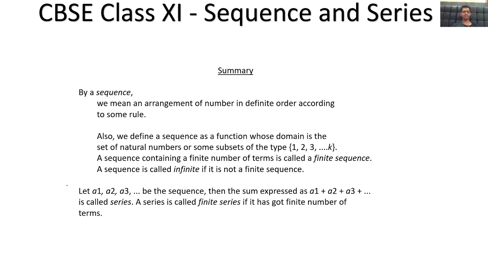Now, let's move on to what a series is. When a1, a2 and a3, the first, second and third terms in a sequence, are expressed as a sum, that is when we add all the respective terms, such as a1 plus a2 plus a3, it's called a series. A series is called a finite series if it has a finite number of terms. For example, let's say we have the sequence 1, 3, 5, 7 and 9.